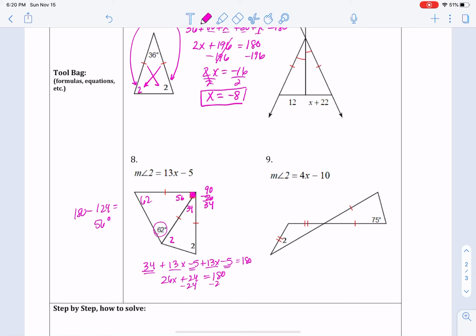Subtract 24 from both sides. 26x equals 56.